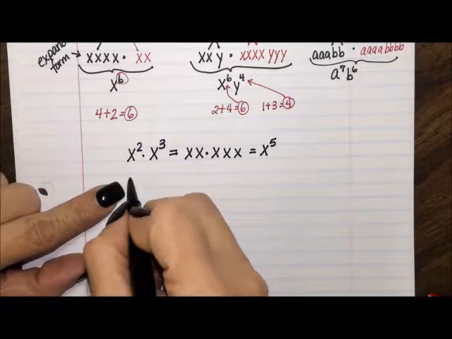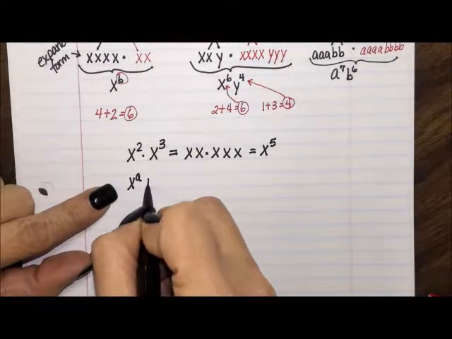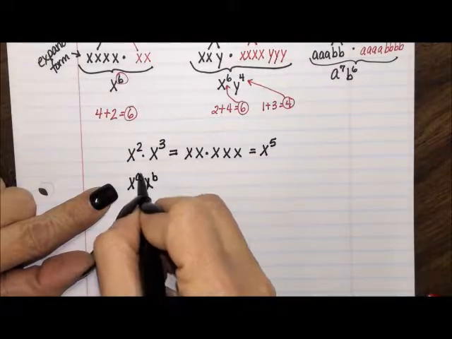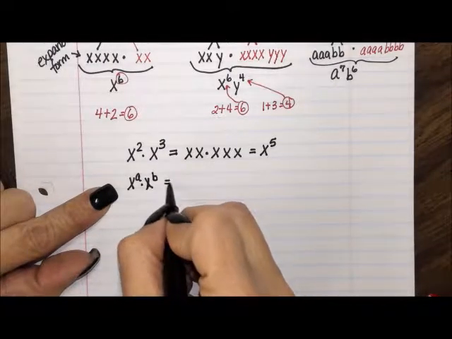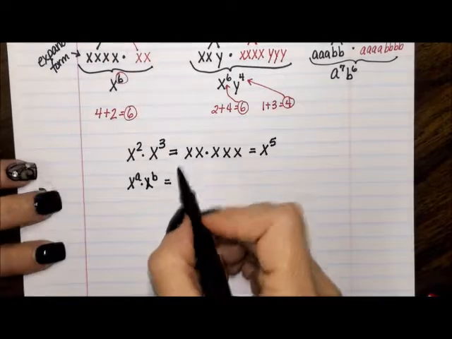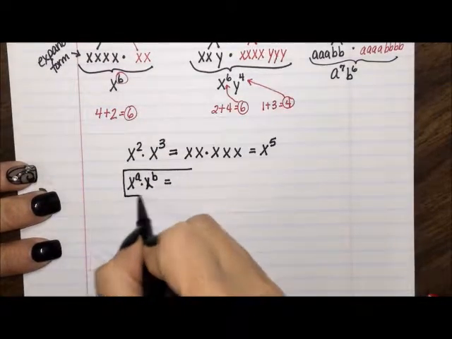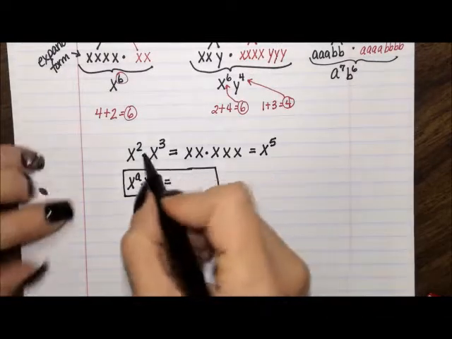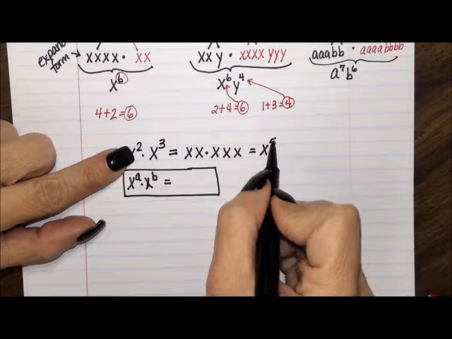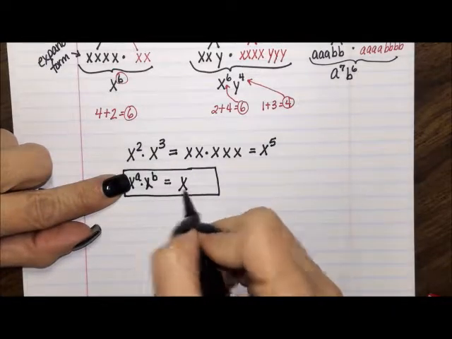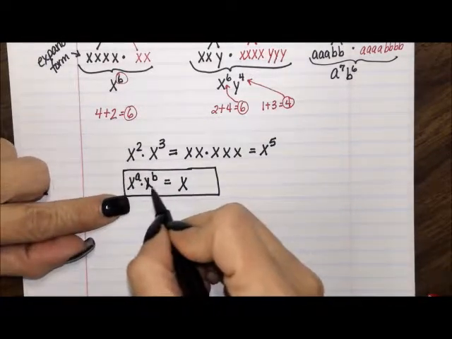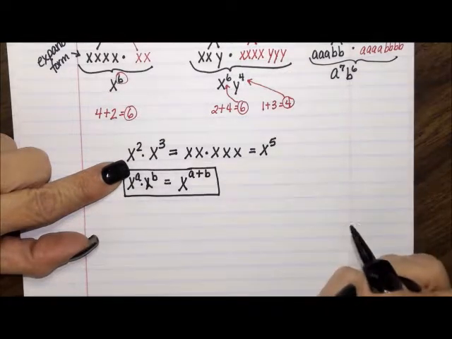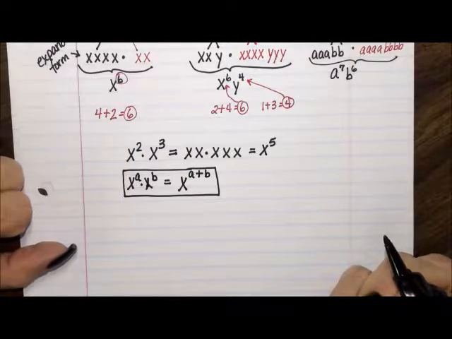So here's my question. If I give you x to the a times x to the b, what would my rule be? Well, you told me it was 2 plus 3 is 5, so could I say my base is still x, this is my base, and I would say a plus b, x to the a plus b.